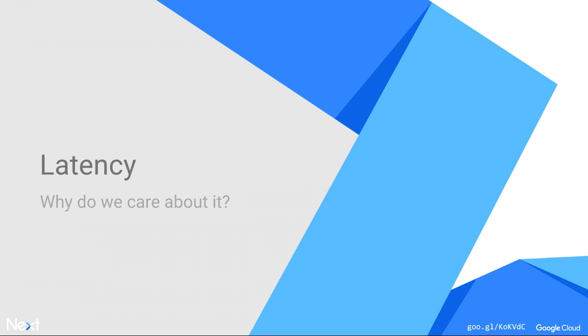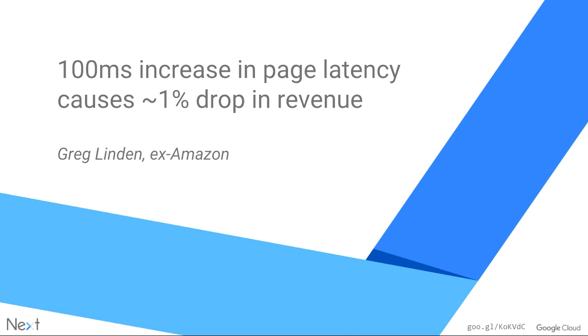Why do we care about it? You've probably already acknowledged that you care about latency because you're here or watching this talk on YouTube. This is a pretty famous quote, and it's become a rule of thumb, I think. Greg Linden, who at the time was at Amazon, about 10 years ago, found that a 100 millisecond increase in page latency caused about a 1% drop in revenue.